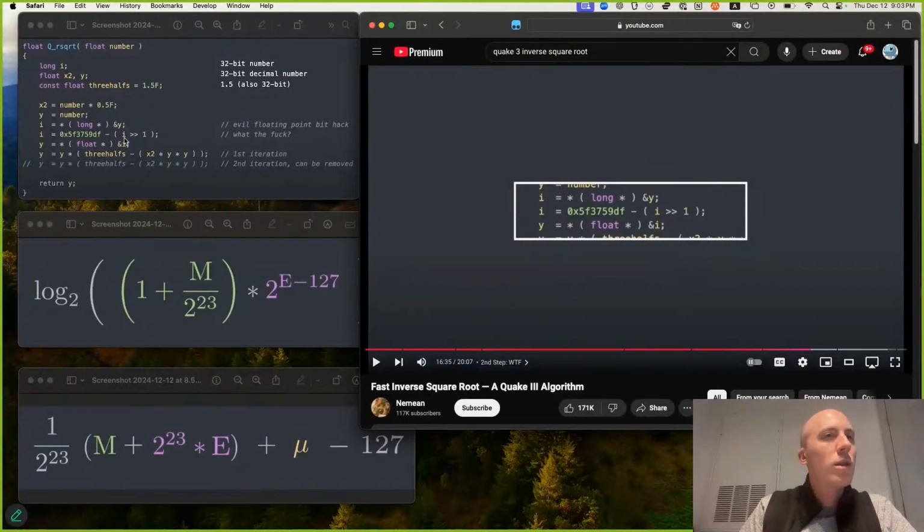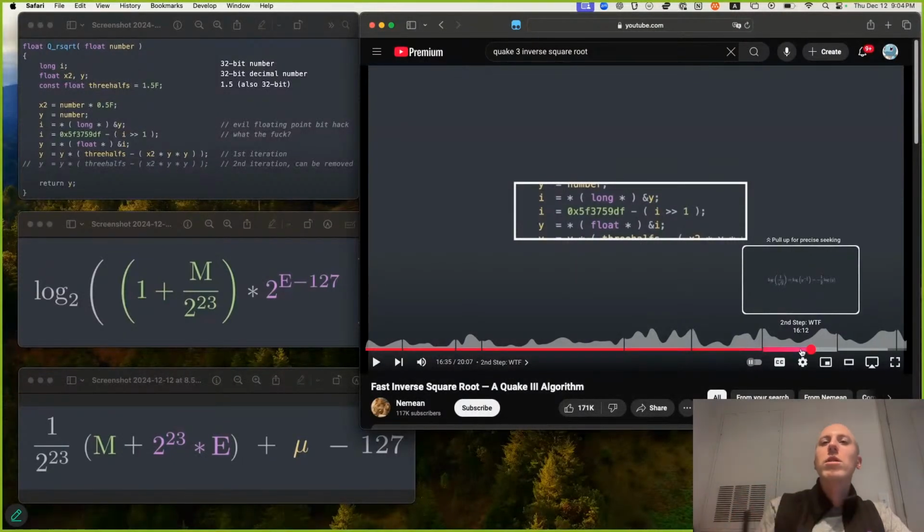It doesn't feel like it makes sense to just divide that thing by 2. I feel like you would want to divide the mantissa by 2. Oh, maybe that's where he was talking about whatever.